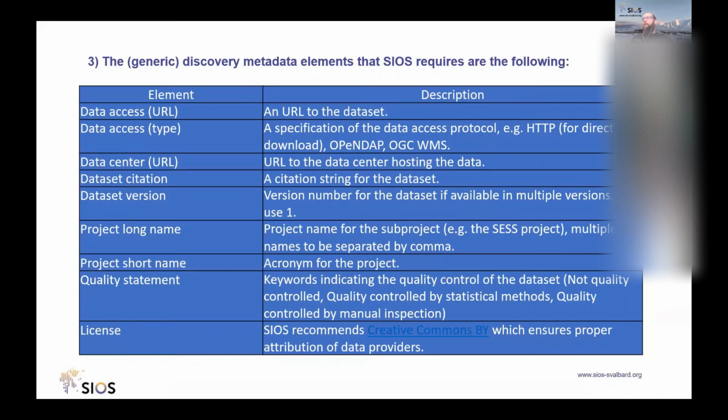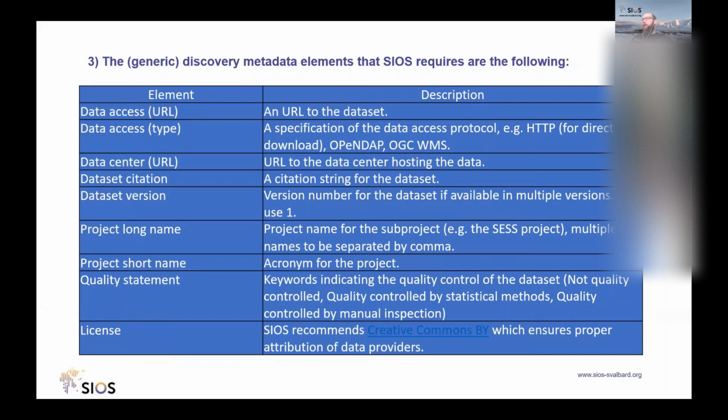So the next part of the discovery metadata that we are using is a description of the URL of the data or the data center. We define the data set citation, version, and of course information about the project long and short name.